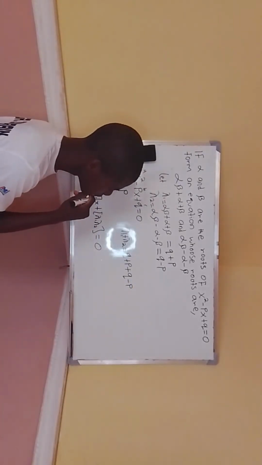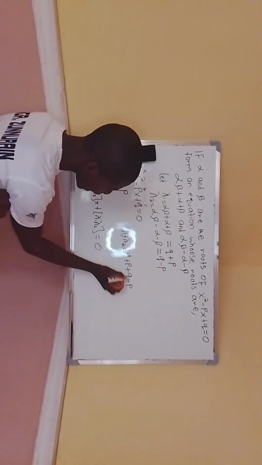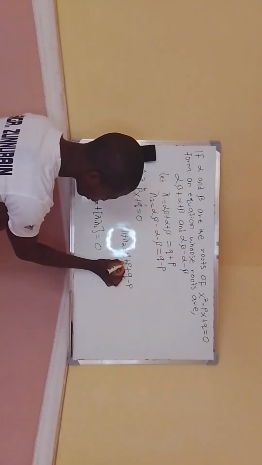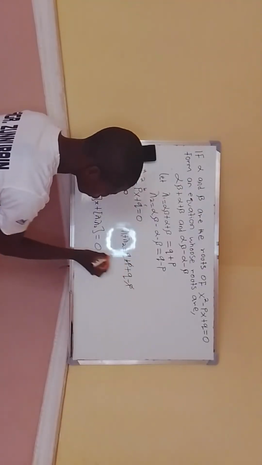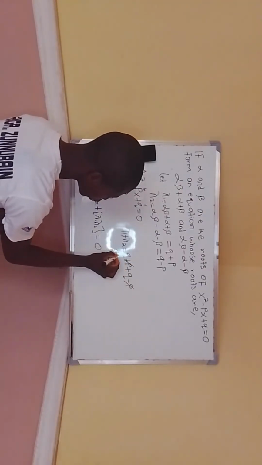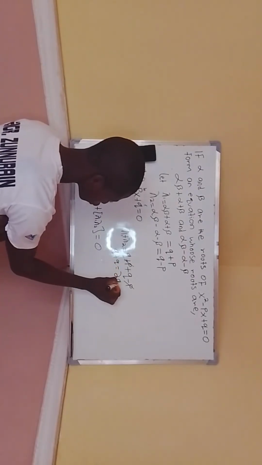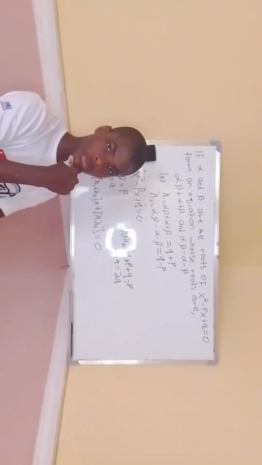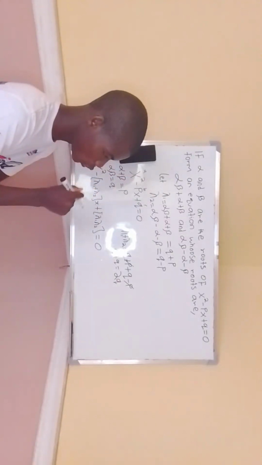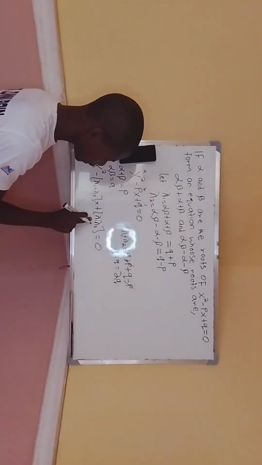The plus p and minus p will go, so I have q plus q, which is 2q.